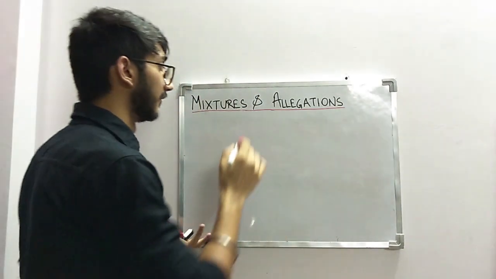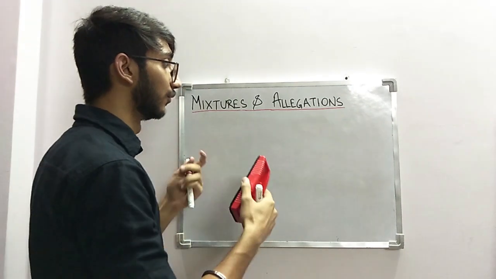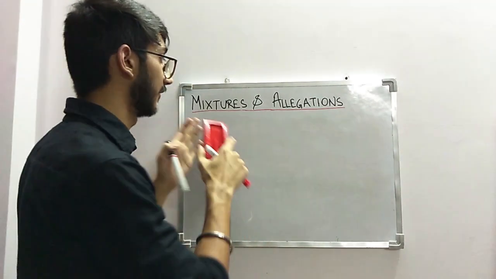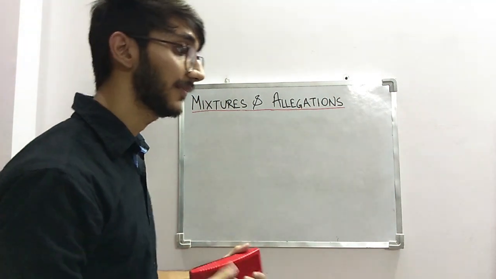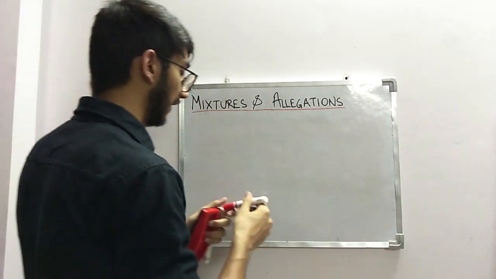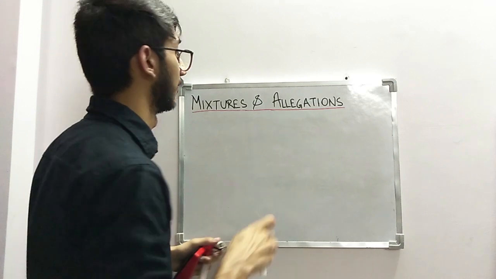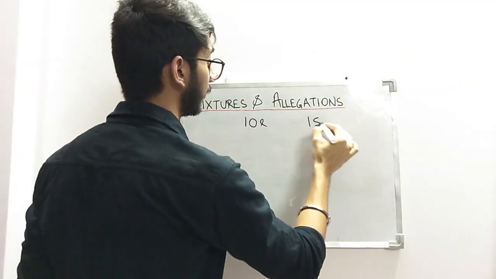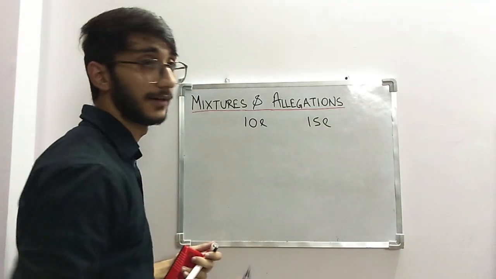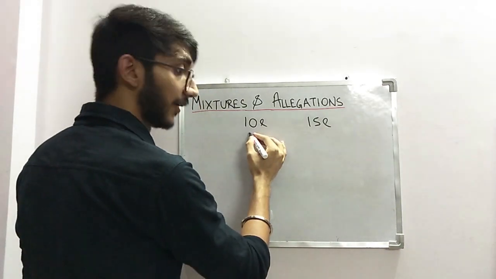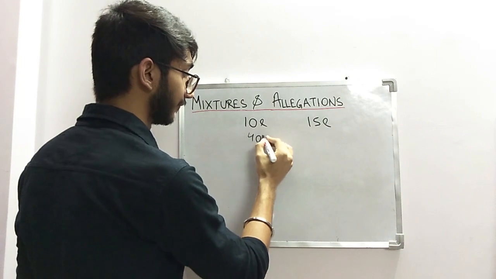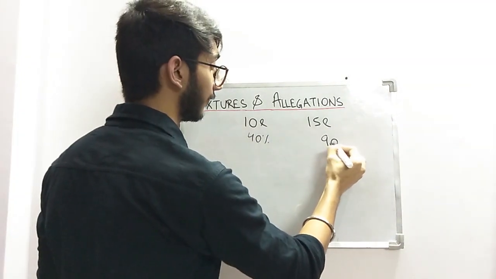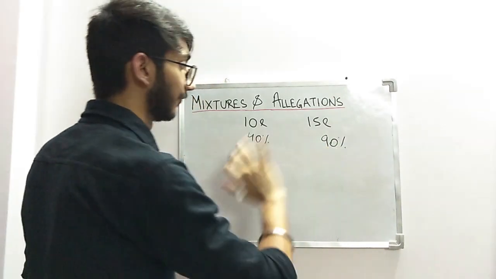So this was about mixtures, and if we move to liquids, liquids have the same concept as we just discussed, right? So for example, if you have 10 liters of a solution and you have 15 liters of a solution, and this contains, suppose, 40% of milk, and this contains 90% of milk, and you are mixing them.